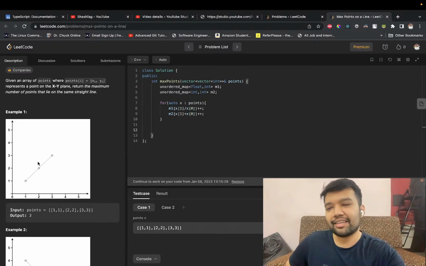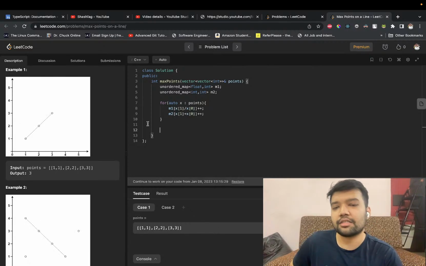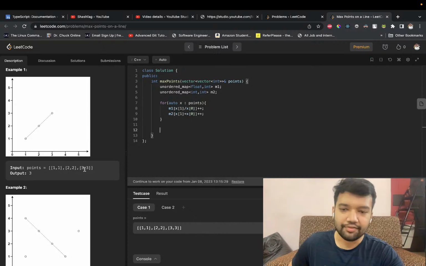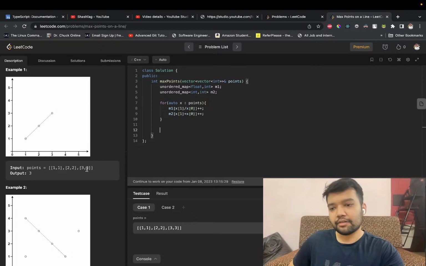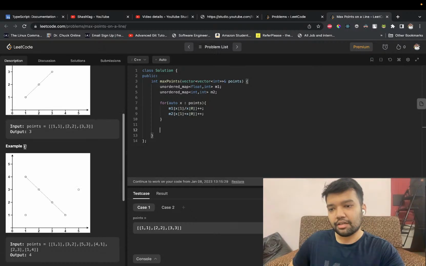I see that I've stored in the maps the slopes and the sums of all the points. With the first example, it will be 1 equals 1, then 1 equals 2, then 1 equals 3. So I guess we need to find the max.